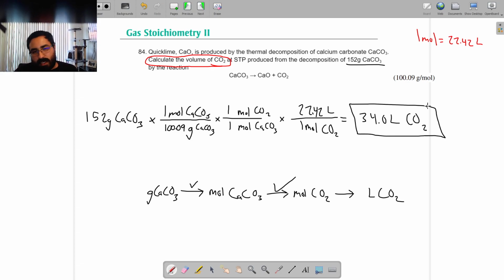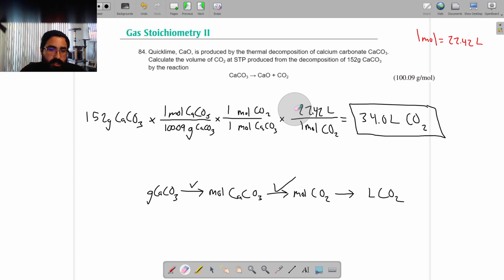All right, so let's kind of break down what happened. In this problem, we had the grams of this substance, and we knew it produced CO2. So we figured out how much gas will be released simply by heating up calcium carbonate. All right, so we would release 34 liters worth of CO2.